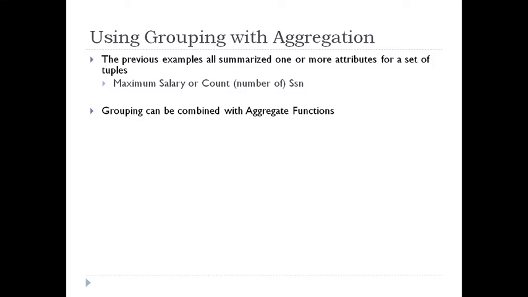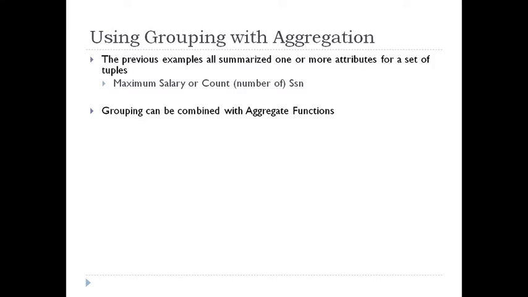Then you need to apply grouping. For example, in each department, who is getting the maximum salary, not in the entire relation. You specify that in department 1 this is the highest salary, and in department 2 this much, and you retrieve or display it like that.